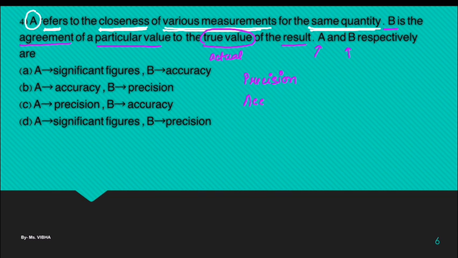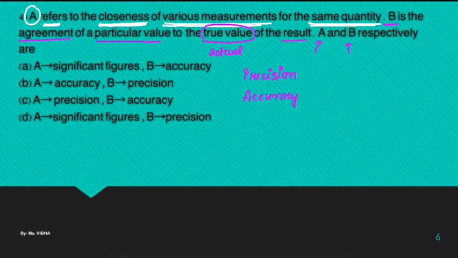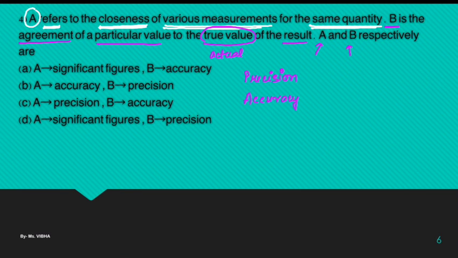and accuracy. So we will understand the concept of precision and accuracy by target board experiment. For example, we have this target, ठीक है, and some person is putting shots here.